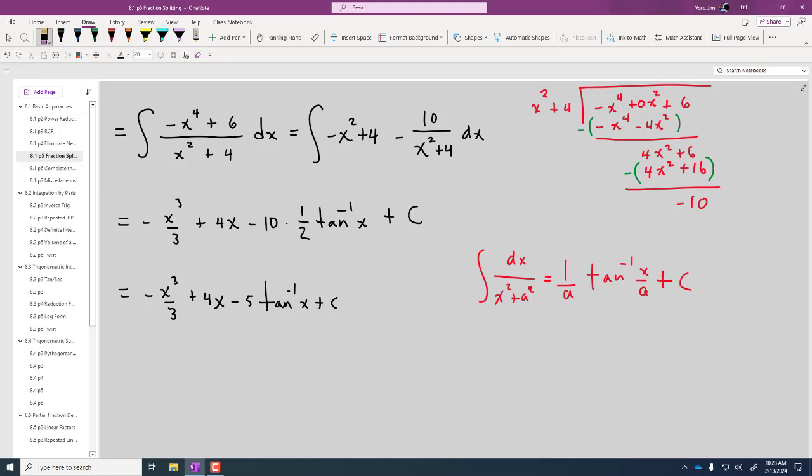Let's make that one not look like a mutant. So this right here should be x over 2 inside, x over 2 for both of those.